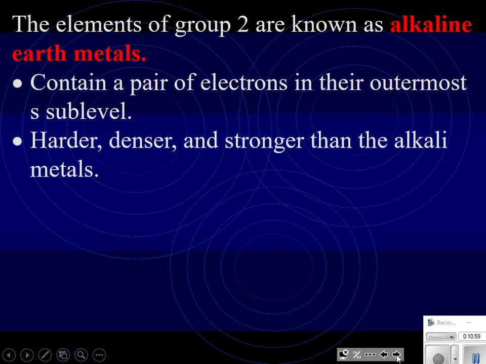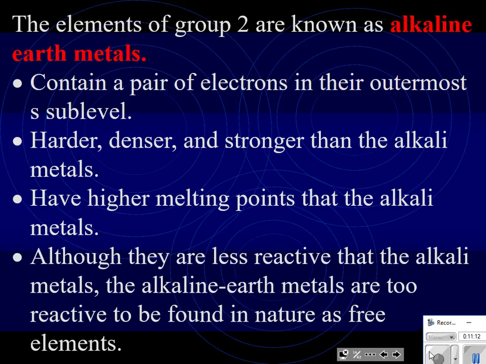The second group on the S block is known as the alkaline earth metals. These metals contain a pair of electrons in their outermost S sublevel. So the alkaline earth metals have two S orbital electrons.